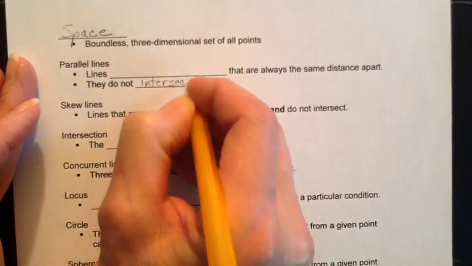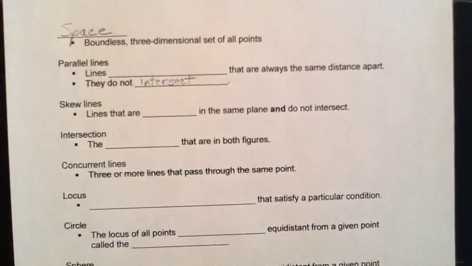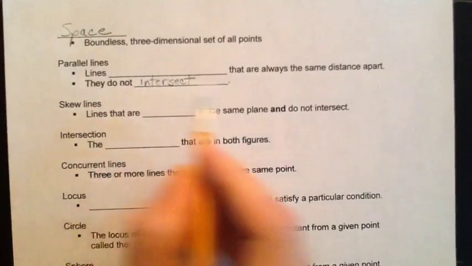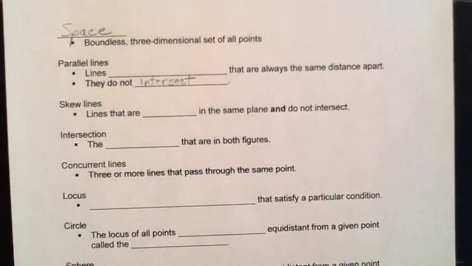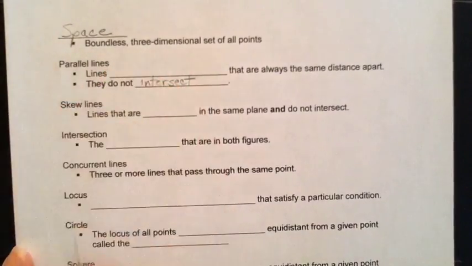Well, if that's the case, what words do I want in here? Lines that are always the same distance apart. I want some words there. The part that we didn't tell you, parallel lines are lines in the same plane.